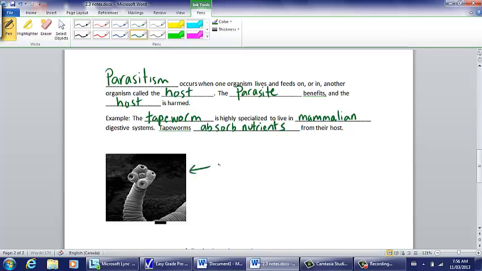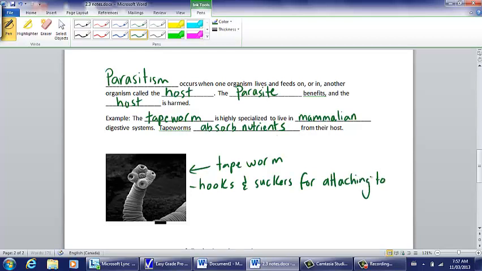This is an image of a tapeworm under a microscope. They have specialized structures. They have hooks and suckers for attaching to the host. So as all the food is going to be moving through your digestive system, they need to latch on.